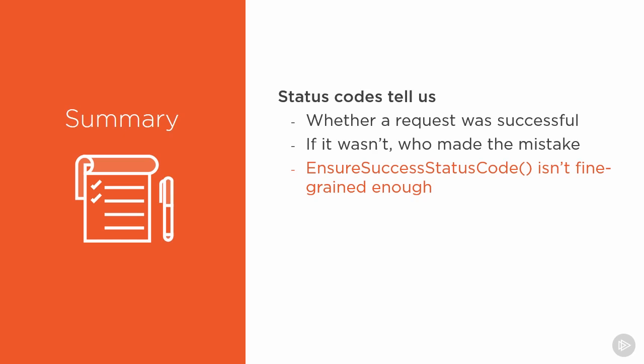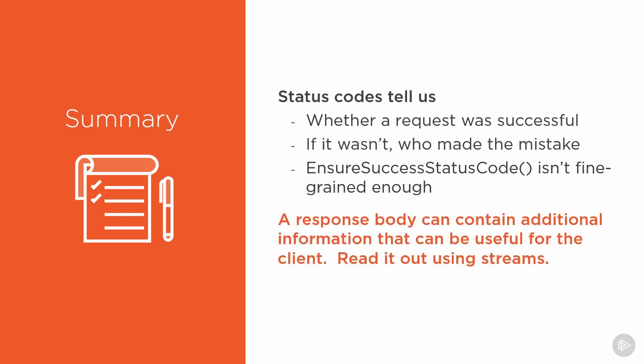Next to that, we might need to read out a response body. Important to remember is that we should use streams for that, as thanks to the ResponseHeadersRead HTTP completion mode, the response body can still be coming in when we try to deserialize it. By combining status code inspection and reading out a response body, we can nicely integrate with an API that doesn't play by the rules.